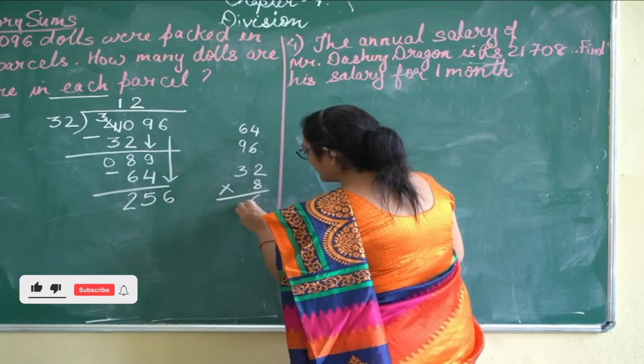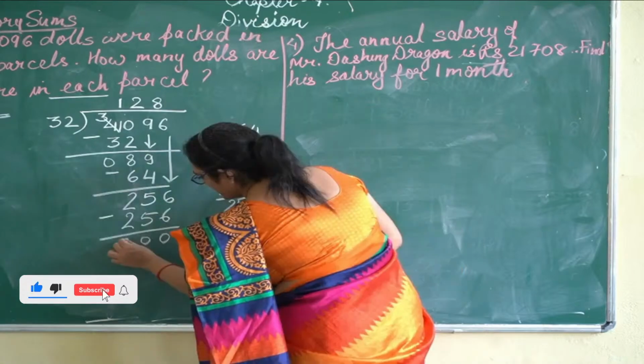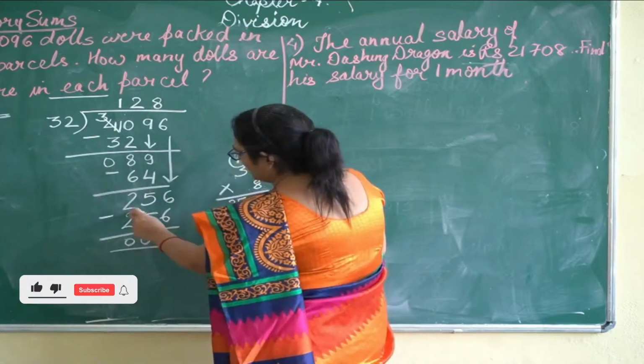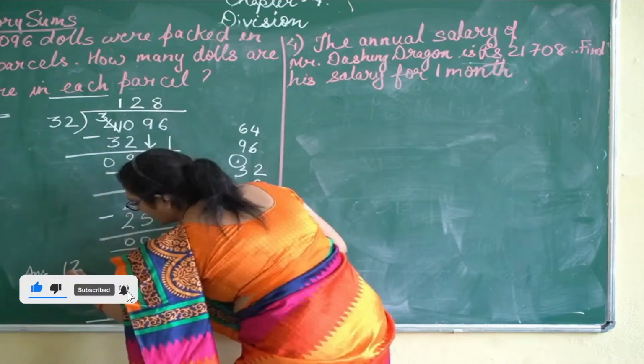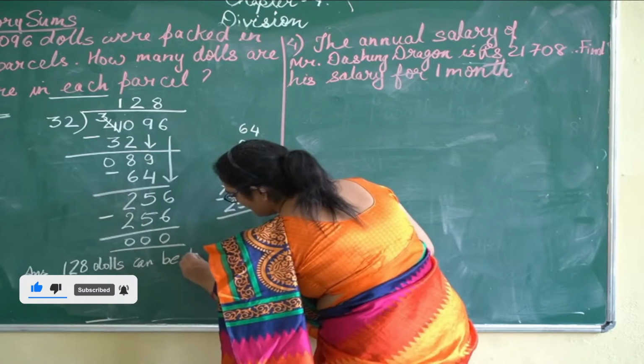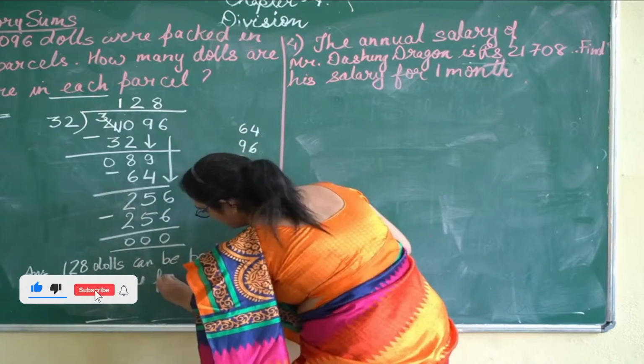Now we will subtract. 6 minus 6 is 0, 5 minus 5 is 0, 2 minus 2 is 0. So in each parcel, how many dolls can you pack? 128. So how will you write? 128 dolls can be packed in one parcel.